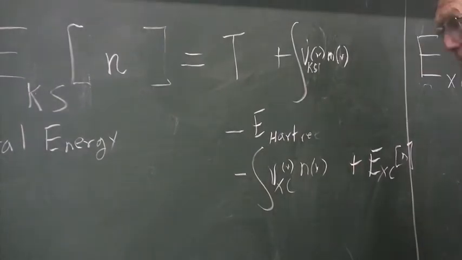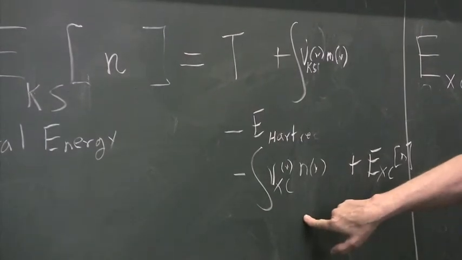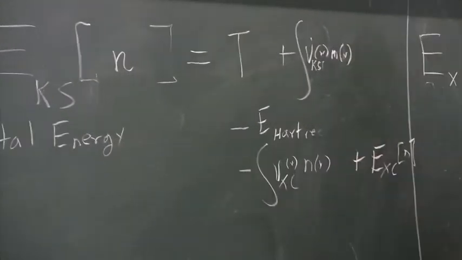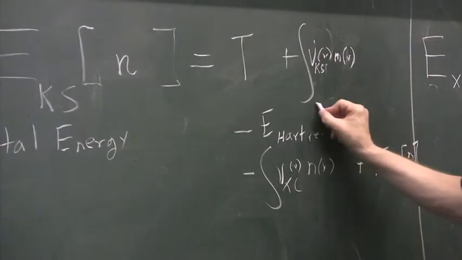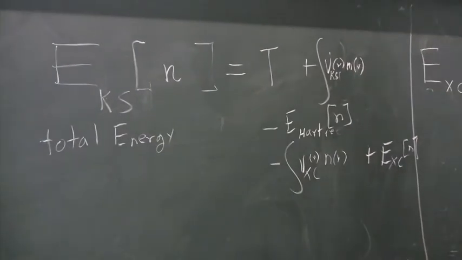Now that I get it right, that's the sum of eigenvalues basically, and this is the corrections. And these are simply functions. That's easy. This is the Coulomb energy, just a function of density in an easy way.